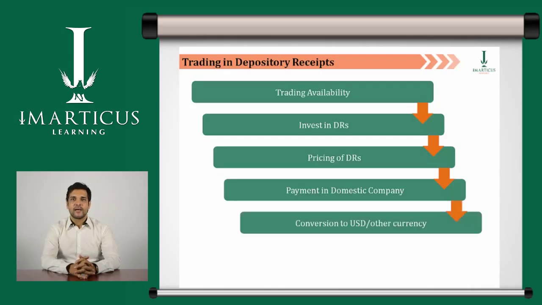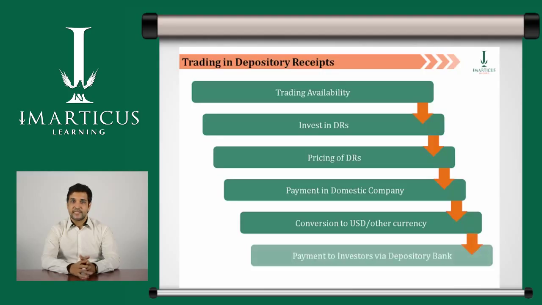Later, the custodian bank converts the payment's currency into US dollars or the prevailing currency. The same is then sent to the depository bank, and lastly, the depository bank sends the same to investors.